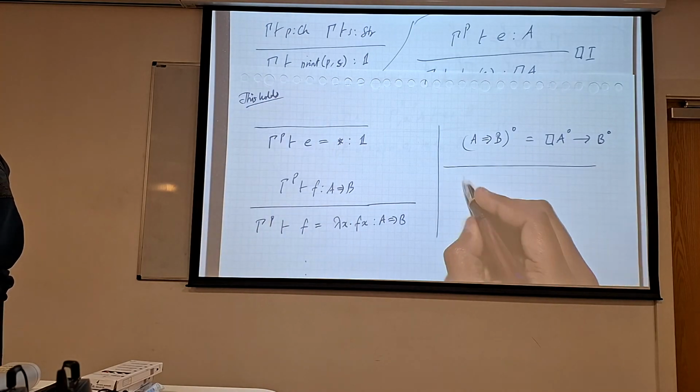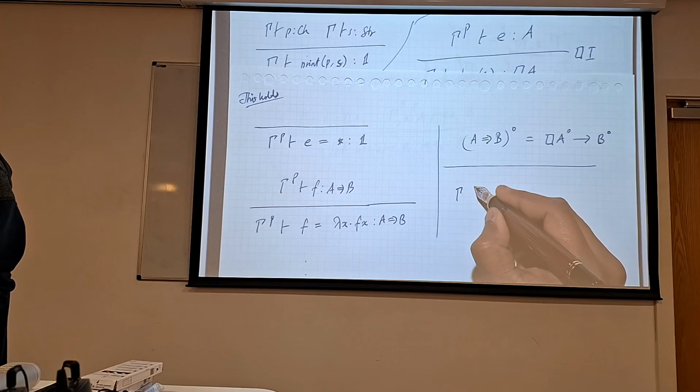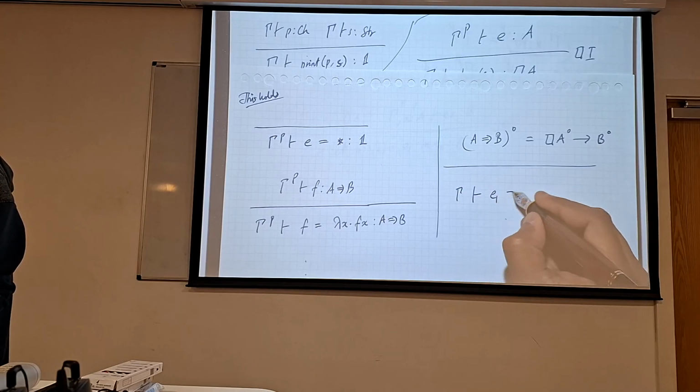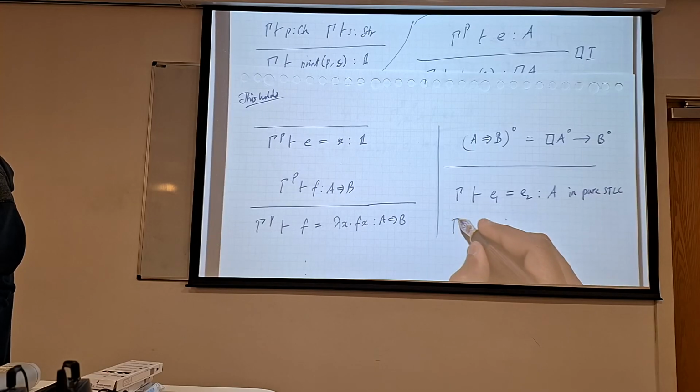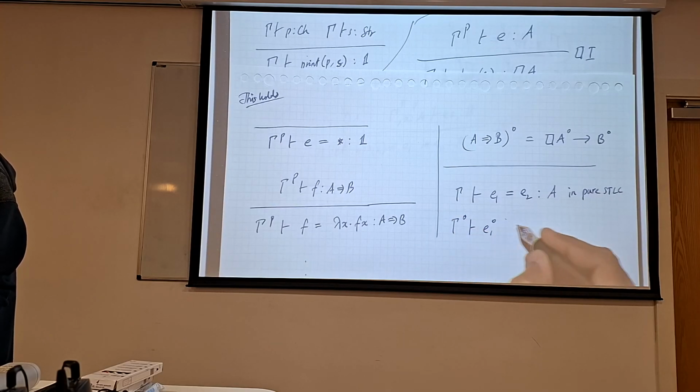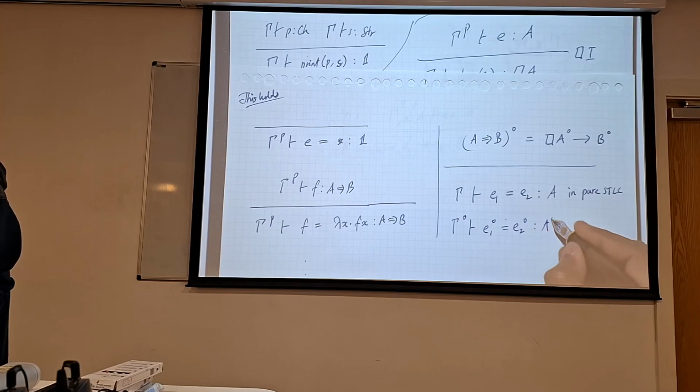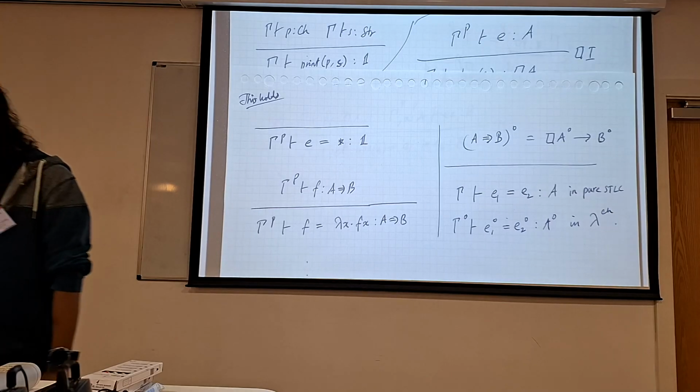And then what you get is, if you can derive E1 equals E2 equals A in the pure STLC, then the translated things will be equal in this lambda SVH.